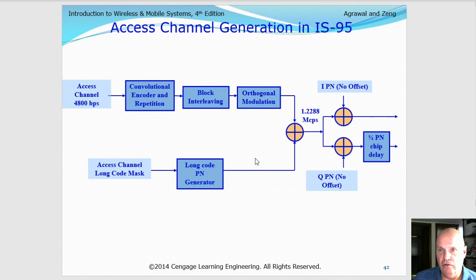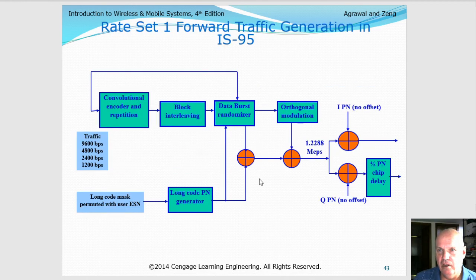And so this actually goes back to access channel generation. This is showing forward traffic generation and how it can support traffic at different bits per second rates, all supporting what's known as rate set 1. Similar to others, there is error correction built in here with this convolutional encoding and block interleaving.